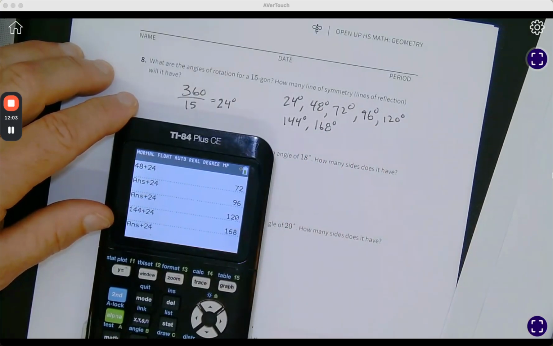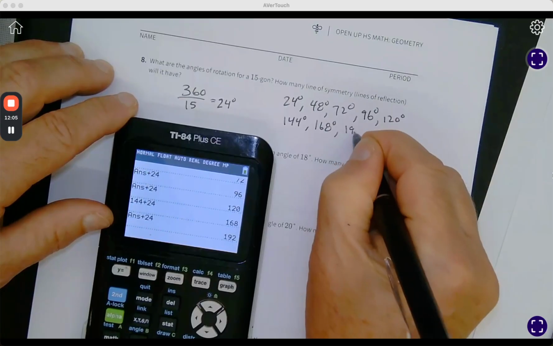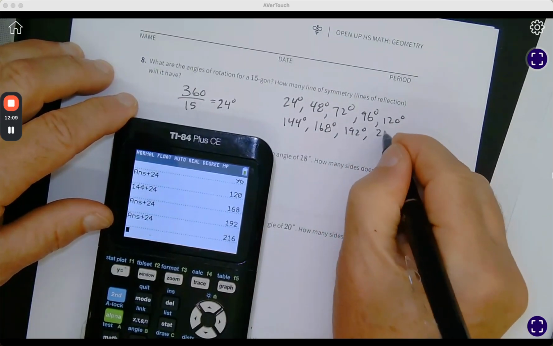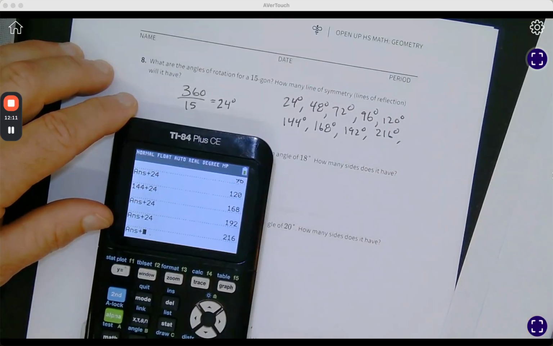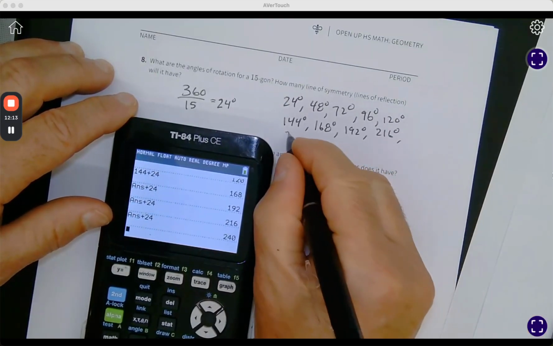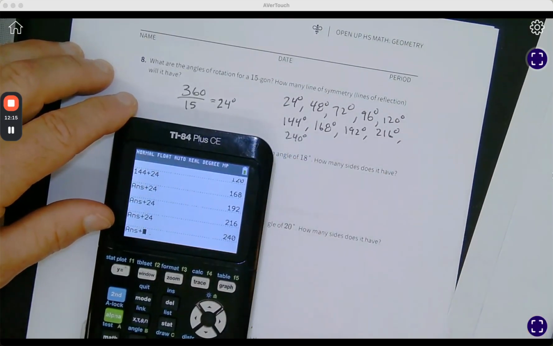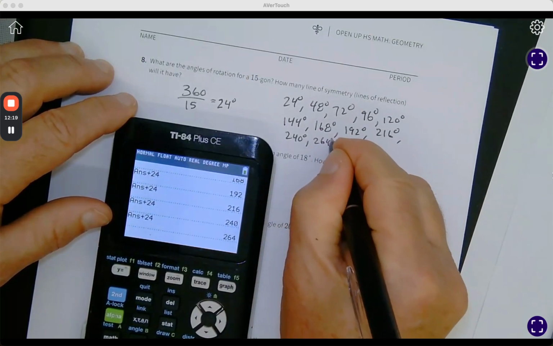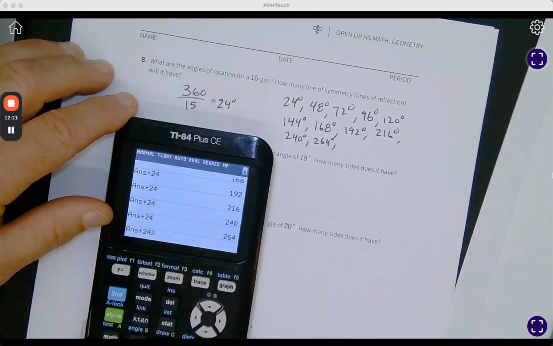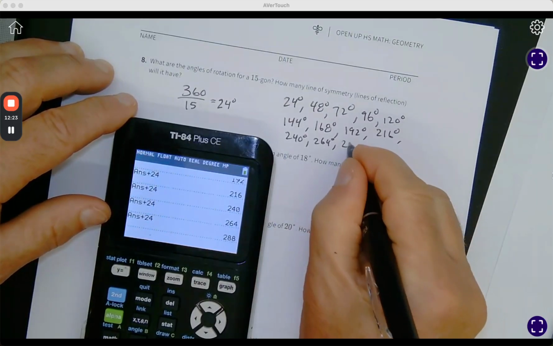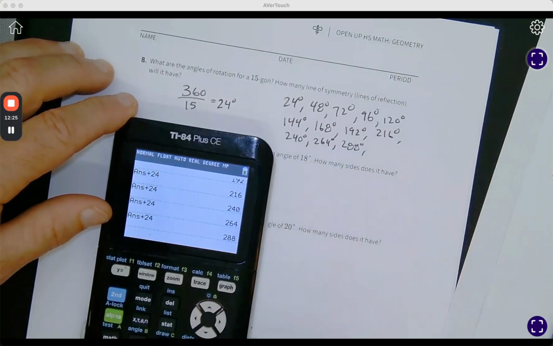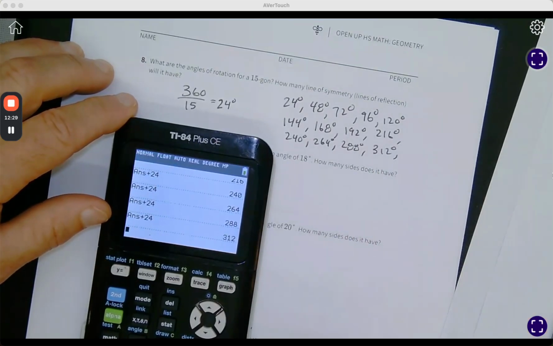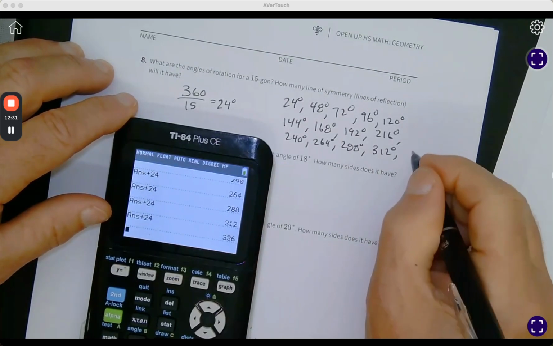plus 24, 192, plus 24, 216, plus 24, 240, plus 24, 264, plus 24, 288, plus 24, 312, plus 24, 336.